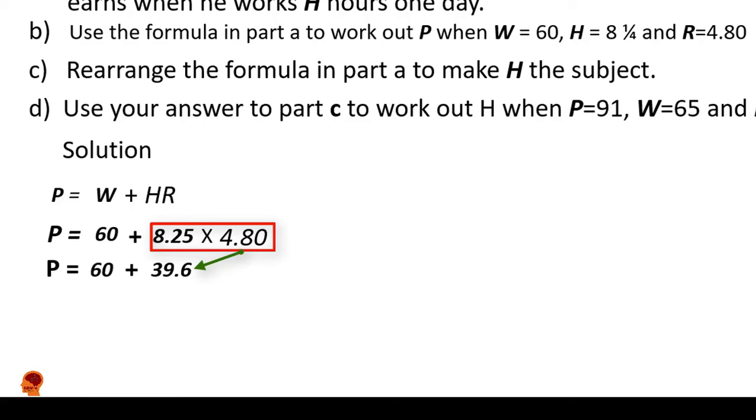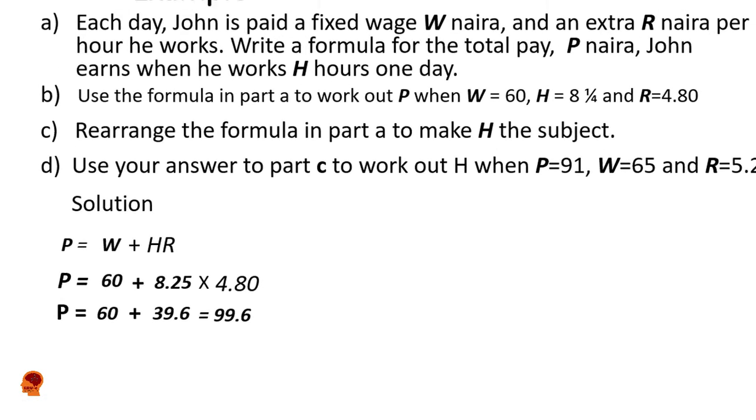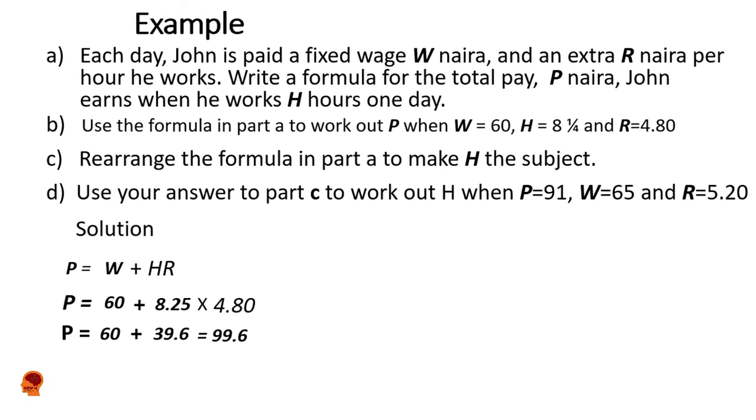Then we're going to add 60 to 39.6, and we're going to have P equals 99.6. Do not forget that you have to add naira, which is 99 naira 6 kobo. Okay, now we're done with B. The first one is generating the formula, which is the answer for A. Getting the value for P is 99.6, so we're done with A and B.